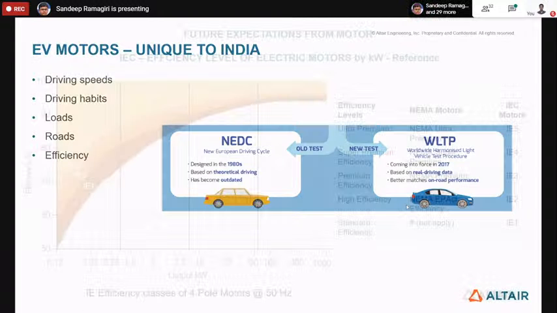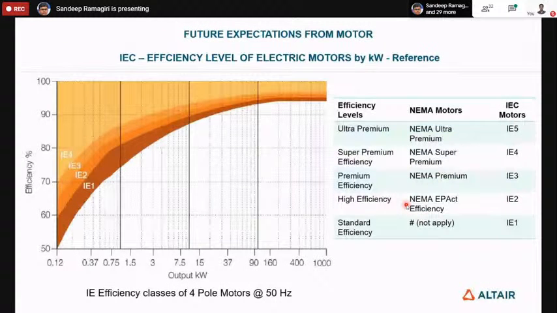On top of that, we also have standards coming from IEC and NEMA, so it's always recommended to have higher efficiency. I have a customer who designs motors with efficiency ranging from 95 to 97%. These are the standards we need to keep in mind while designing the motors.